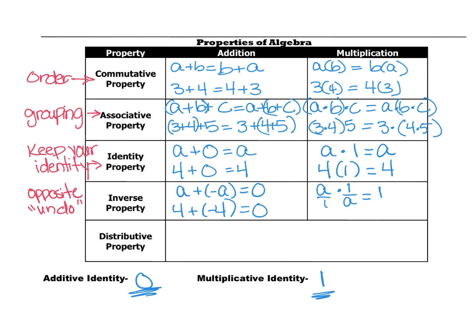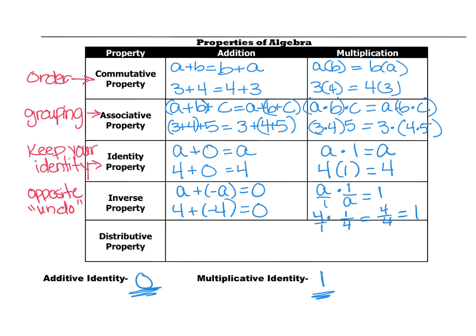We're getting down to that multiplicative identity. Let's take a look at what that looks like with numbers. I could have 4 times the inverse, or the reciprocal, which is 1 all over 4. So I'm going to have 4 all over 4, and that is equal to 1. So notice it undid it. Now we got back down to that multiplicative identity, which is 1.